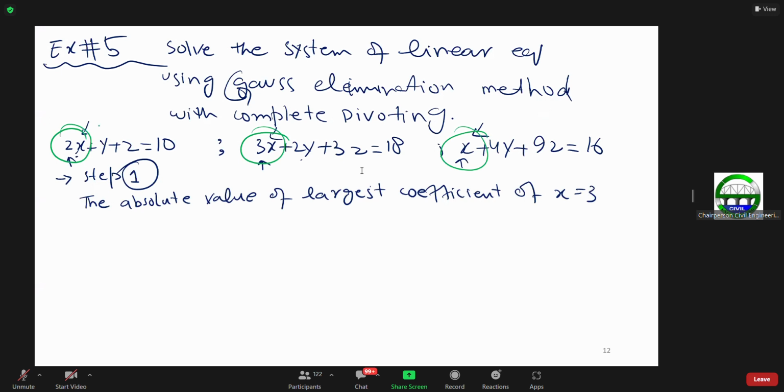In x, the largest coefficient is in equation number 2. So you will find the value of x from equation number 2 and put it in the other two equations.